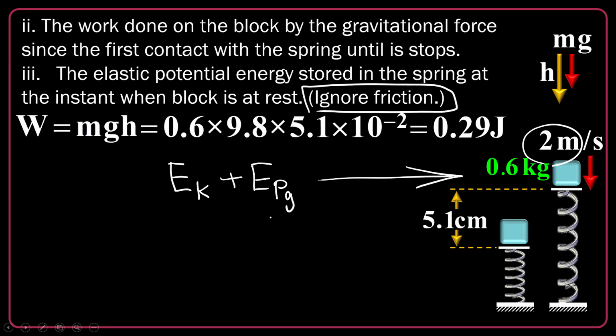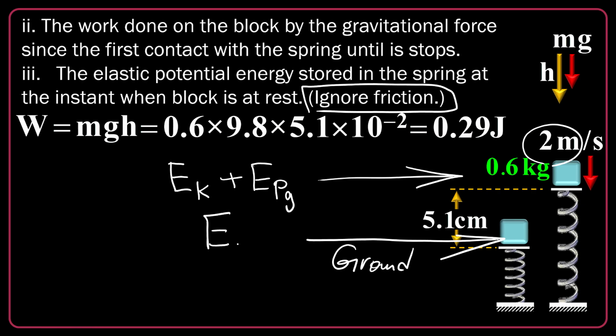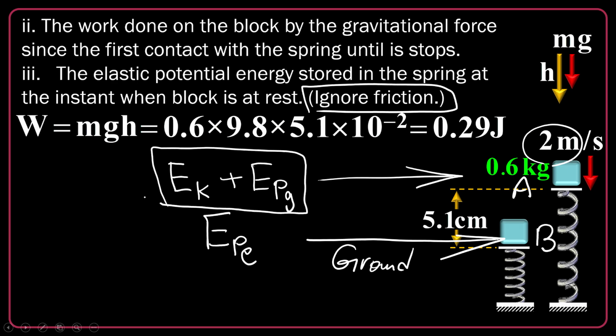Here, the object is at rest, kinetic energy is 0, and if we take it to be the ground state, there is no gravitational potential energy. So the energy is just elastic potential energy, EPE. So from point A to point B, EK plus EPG at the beginning will be equal to EPE, elastic potential energy at the end.